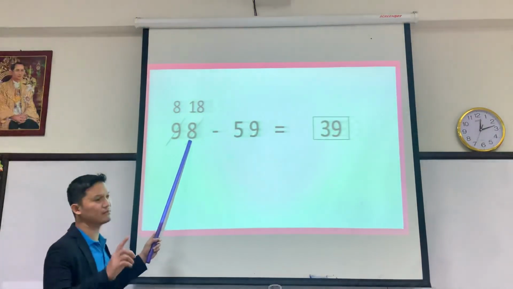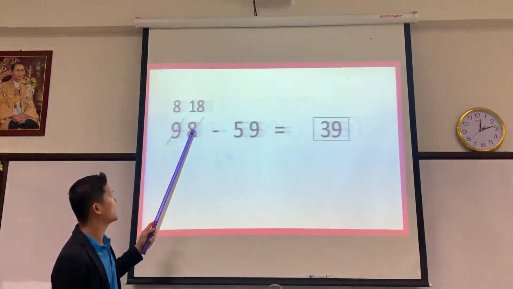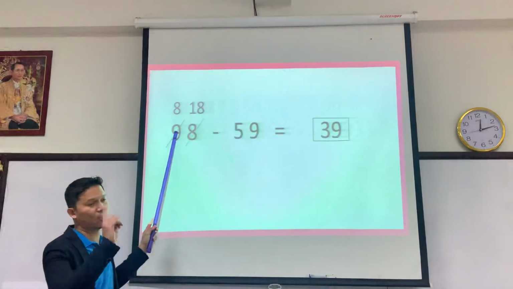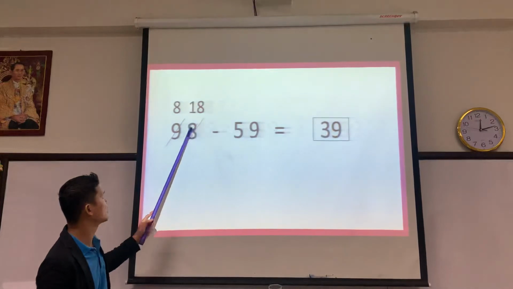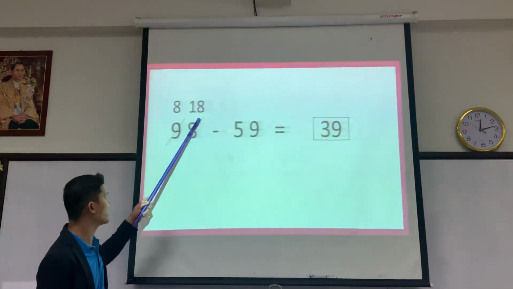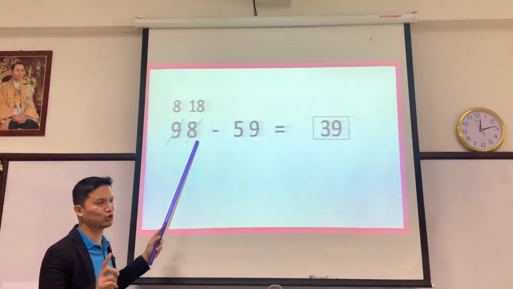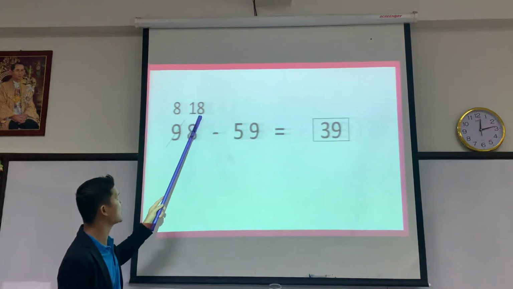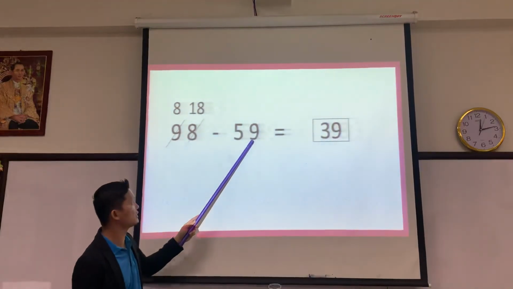So it is the same procedure that we have to do. We are going to borrow 1. We borrow 1 from 9. So right here, 8 becomes 18, and now this 9 becomes 8, and we cross it out. Now we have numbers to subtract. 18 minus 9, how much?